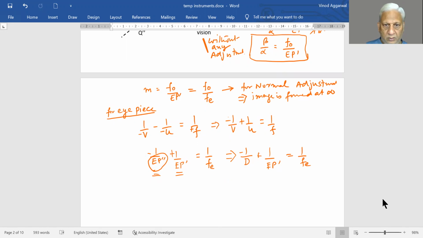So 1 over EP dash equals 1 over Fe minus 1 over D.